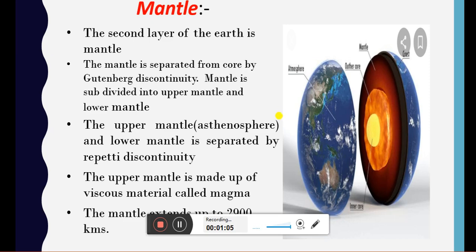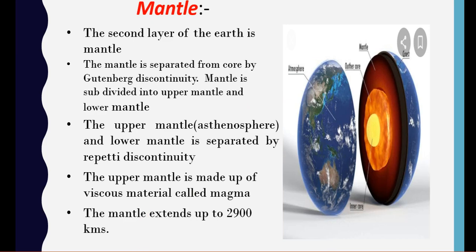You might be wondering how this viscous material is there in the upper mantle. This magma, the molten state of rocks, is only because of huge accumulation of heat there. Because of that, the rocks in this layer are in molten form.